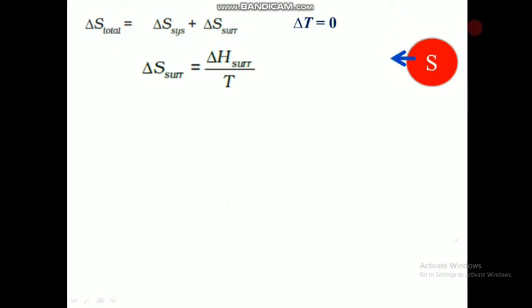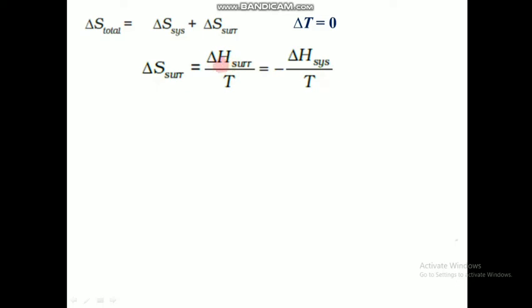Whatever is absorbed by the surrounding is actually given out by the system. So how much ever is the enthalpy of the surrounding, the same amount will be given out by the system. That enthalpy will be equal to negative of delta H system.